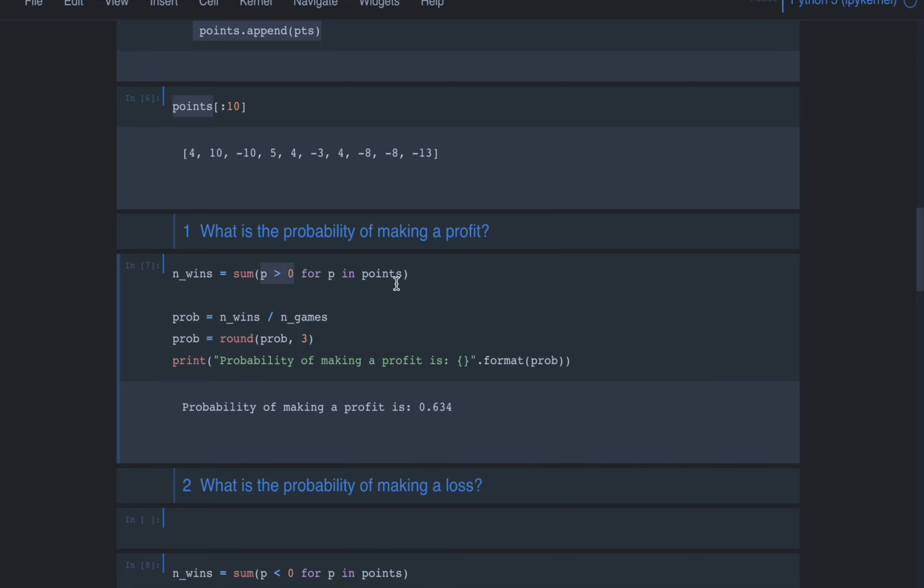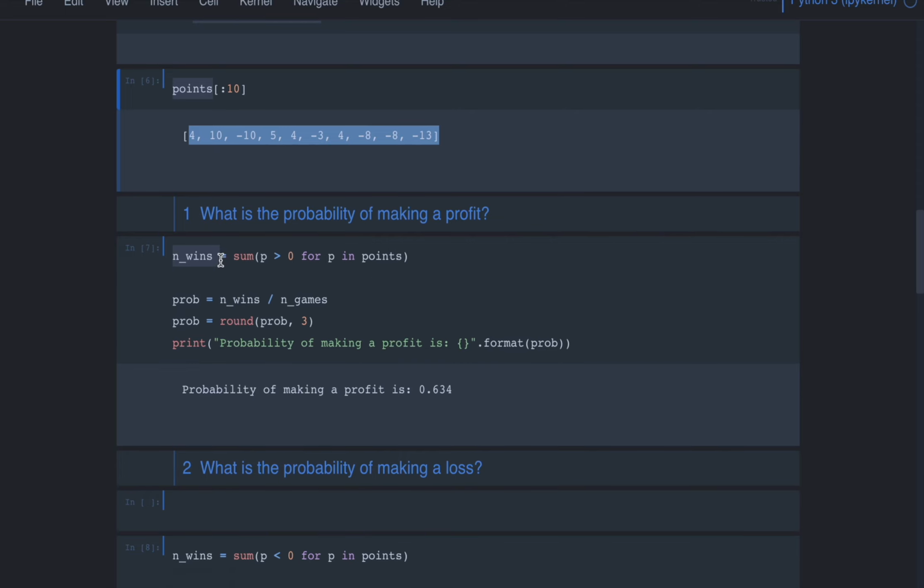We are looking for profit, so the points or the p-value should be greater than 0. Now this logic will return a boolean, true or false. When we compute the sum, all truths are considered as 1. So this will return the number of times the values in this list are greater than 0, which means we are making a profit in those games.